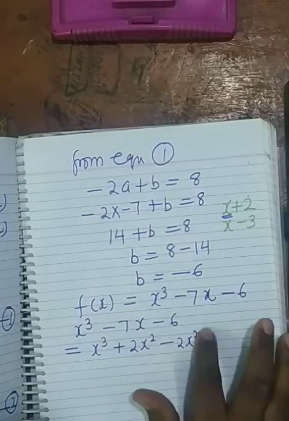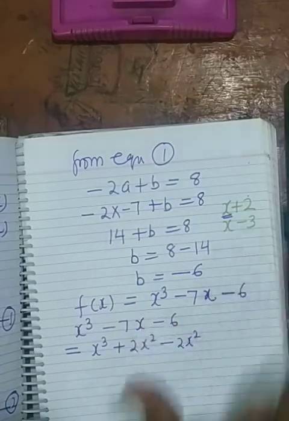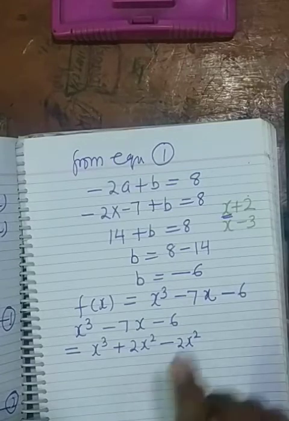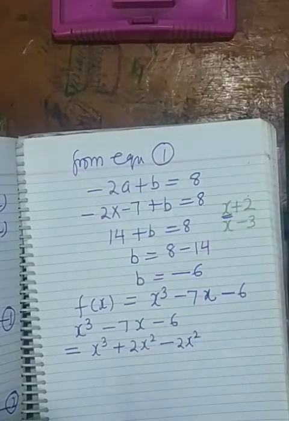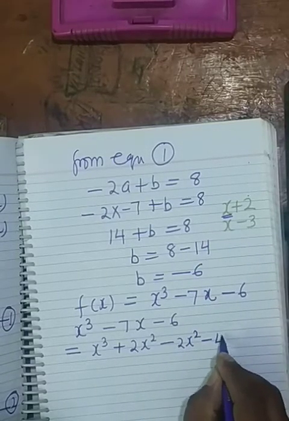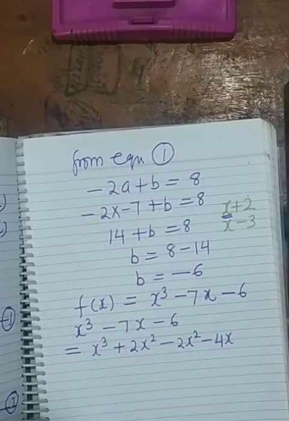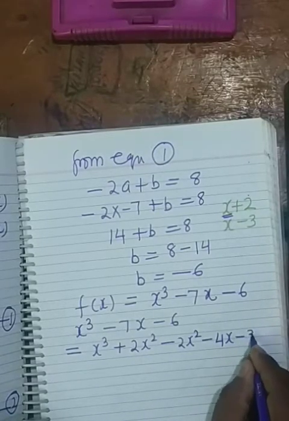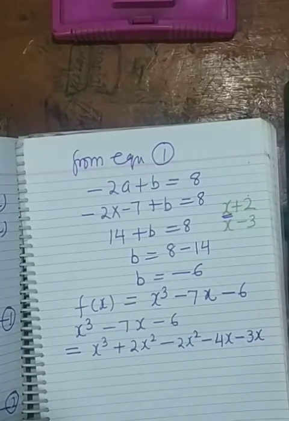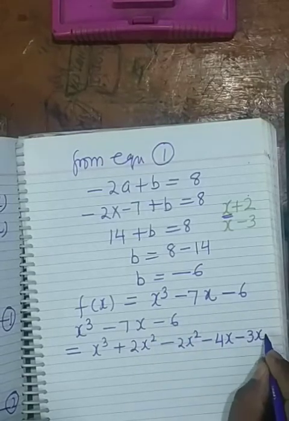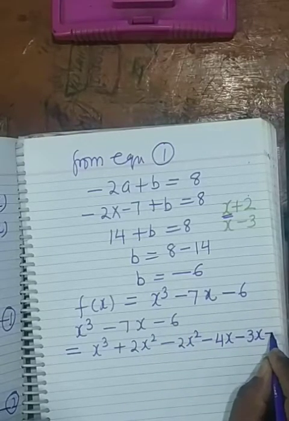If you remove minus 2x from here, only x will be left. So you multiply minus 2x with the 2. So that will become minus 4x. It's clear? But here there is minus 7x. So how much more is needed? So only minus 3x is needed. It's clear? Now you have reached the last term, so minus 6.